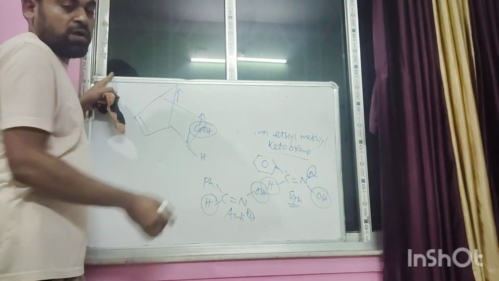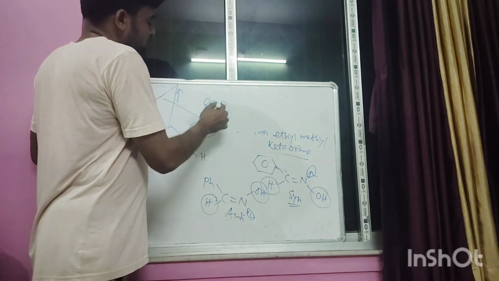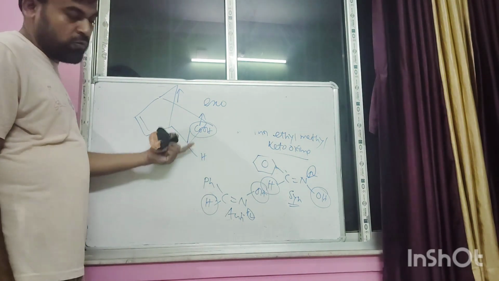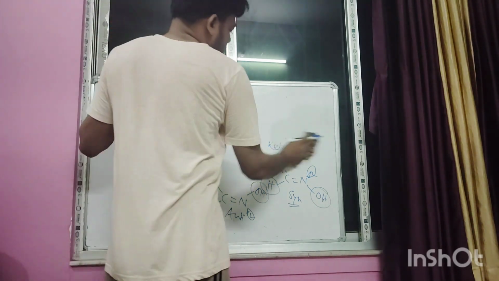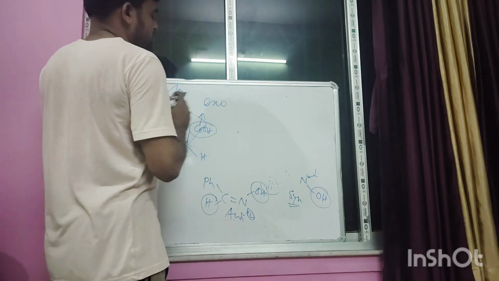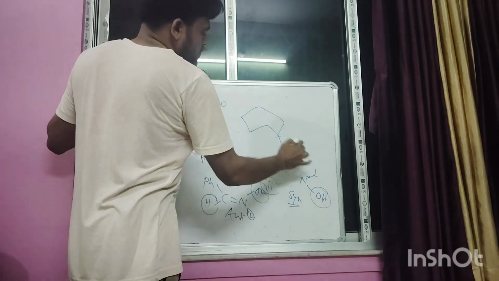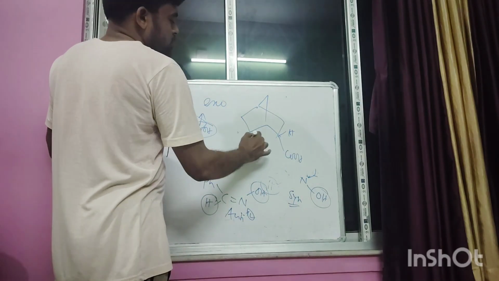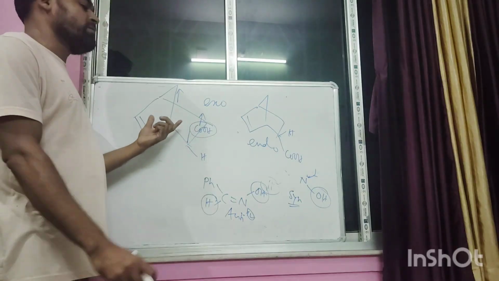So these two groups are in the same direction, so it is called exo, and the other where COOH and these groups are anti to each other is called endo. It is endo and it is called exo.